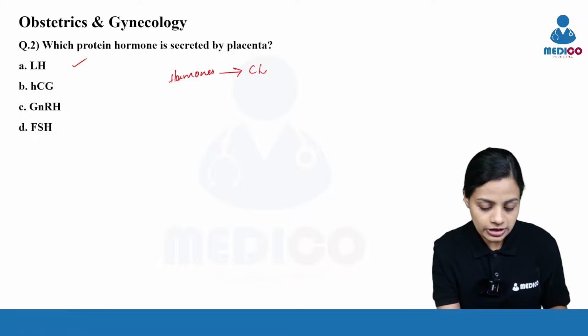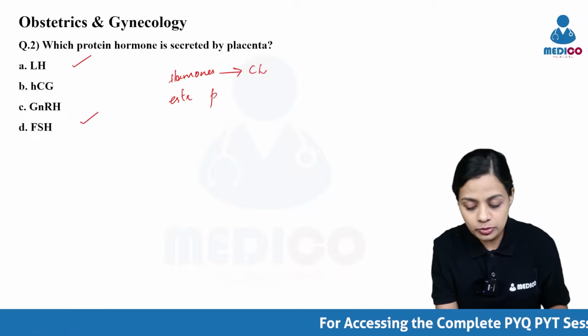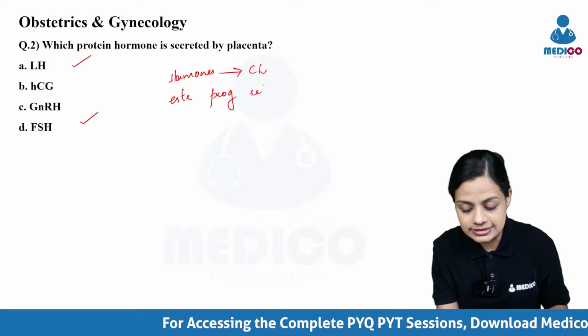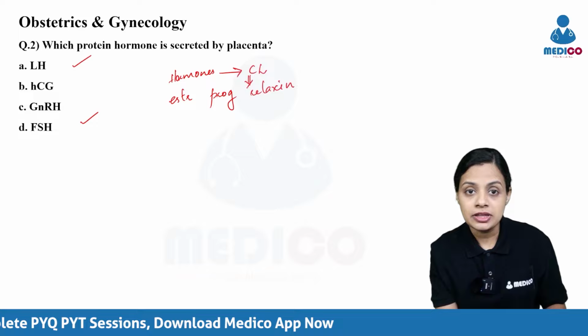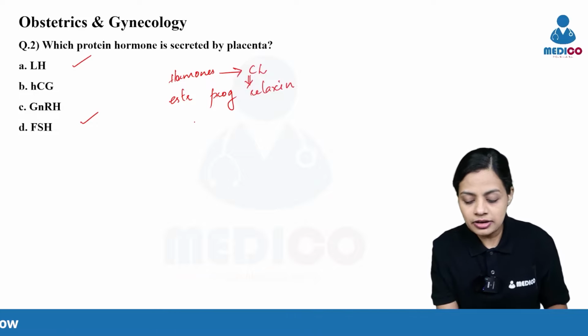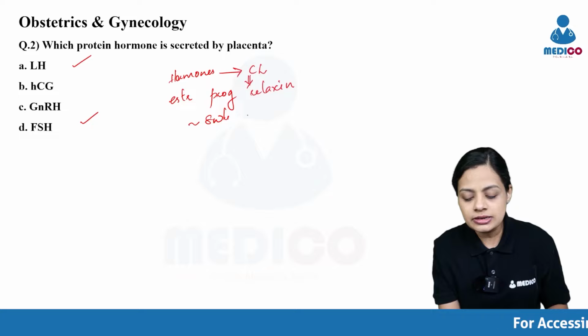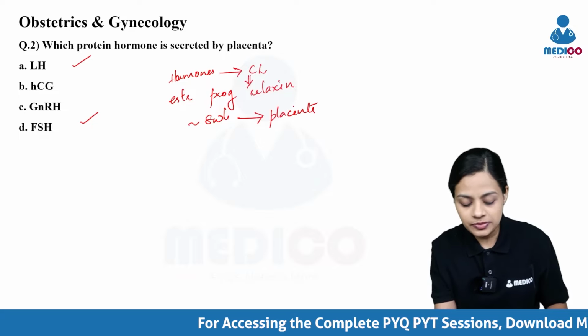Okay, so you've got LH, FSH, estrogen, progesterone, relaxin. All these are produced by the corpus luteum of pregnancy. But once the placenta takes over the functions, by around 8 weeks, it is the placenta that is responsible for producing the hormones.